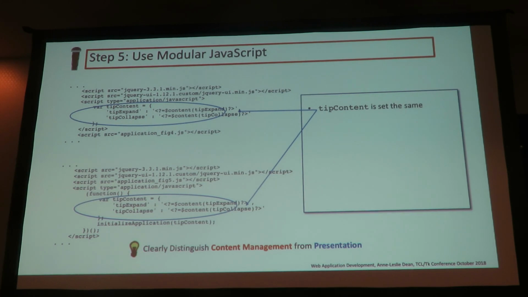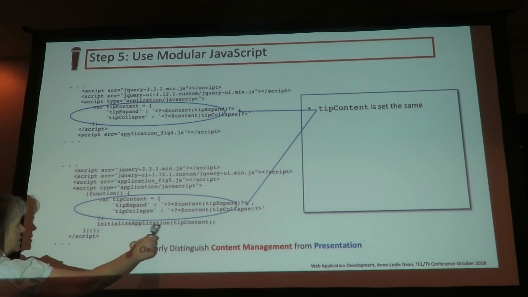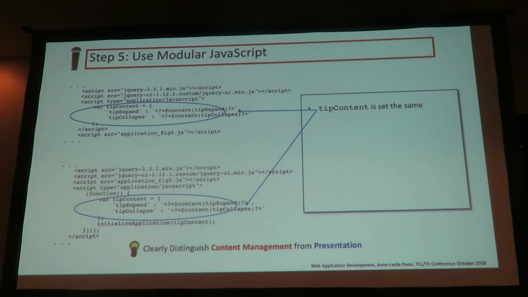Then in the parent document, I wrap it in what's called an anonymous function, which places all of the JavaScript that's going to execute in a contained namespace. It's no longer in the global namespace. Within Rivet, tip content is set the same way as before, it's just now contained inside this anonymous function. I can call initialize application, passing tip content to it.